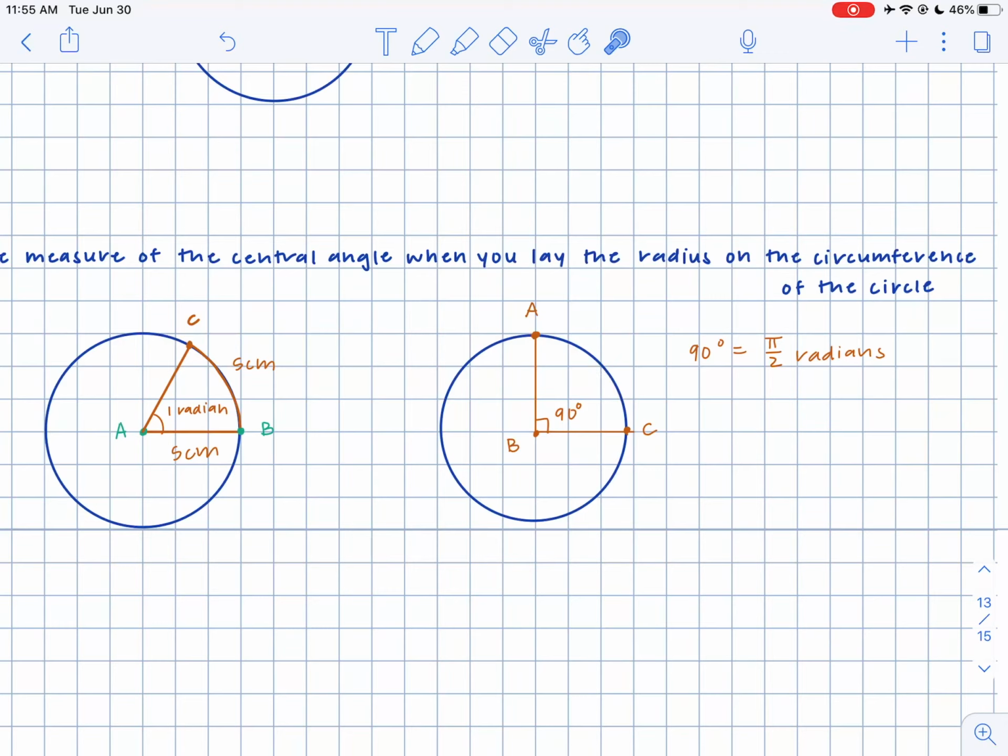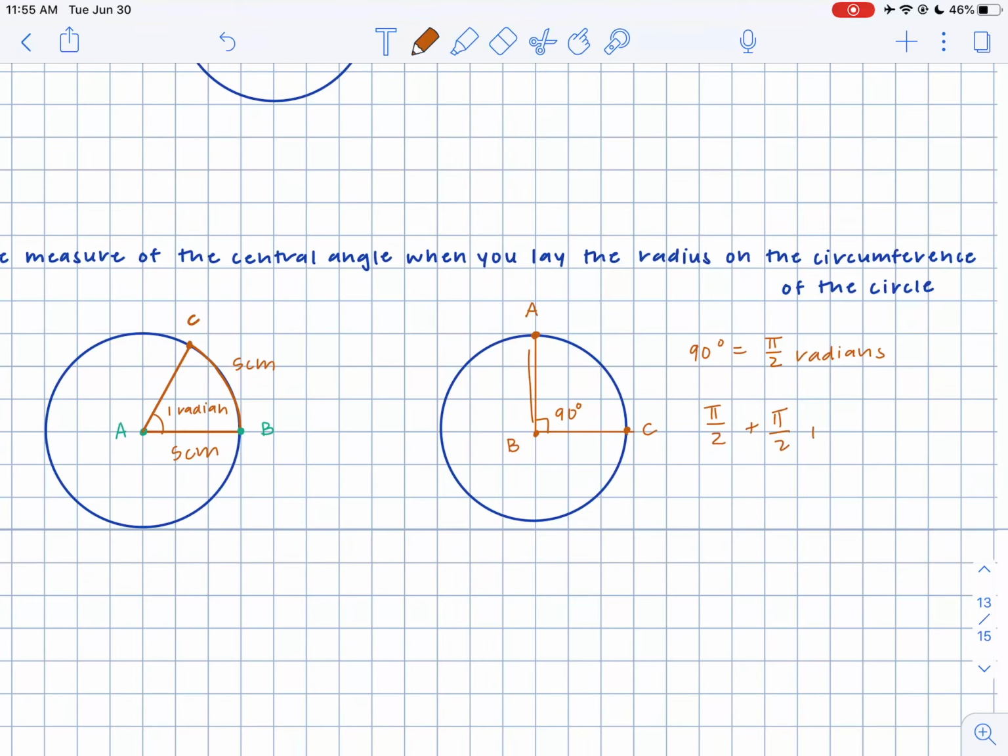Now, you see that this part of the circle is 90 degrees, and we also have this part of the circle, and then this part, and then this part, right? So we have 4 equal parts. So really, we have pi over 2, and then this part also makes up pi over 2 radians, and this part also makes pi over 2 radians, and then this part also makes pi over 2, right?